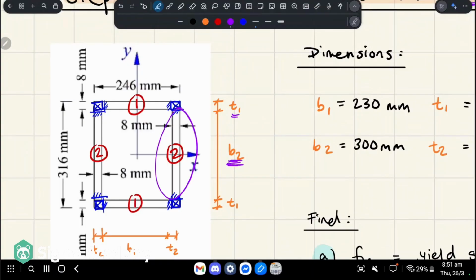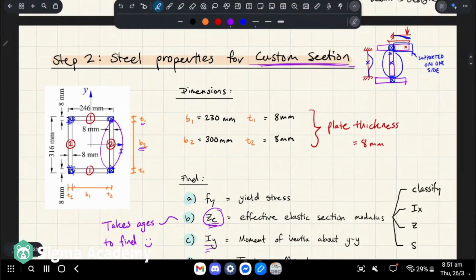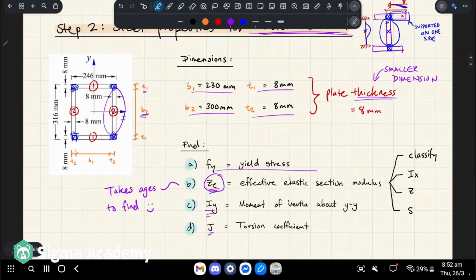So width doesn't necessarily refer to left or right. It can be up or down. It's just the larger dimension, and the thickness T is the smaller dimension. I've written out what these values are. Remember, thickness is always the smaller dimension, and that's going to be important when determining yield stress and the order in which you're writing your effective slenderness.